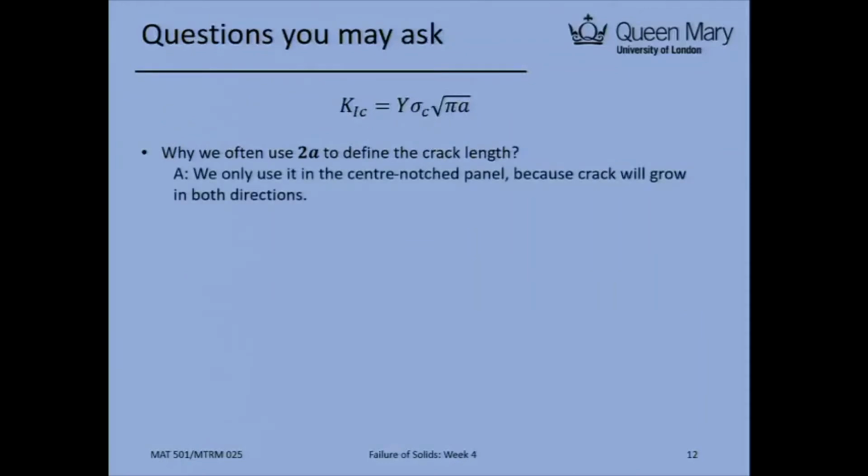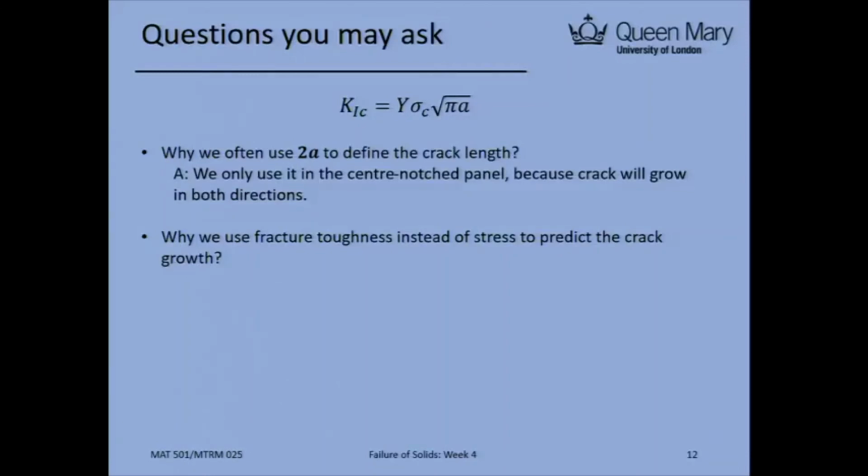Okay, that's first question. The second question is why we use fracture toughness instead of stress to predict the crack growth. Again, look at the equation. If we just think about the crack is determined by the strength, it's not enough.